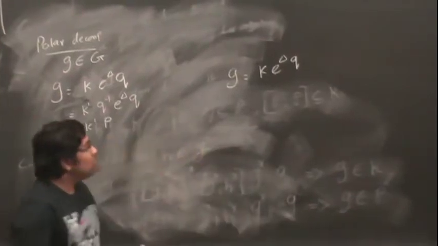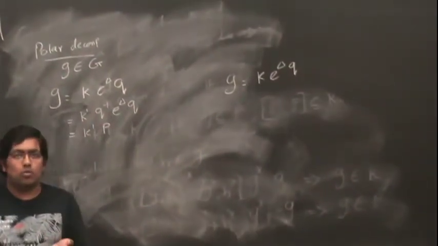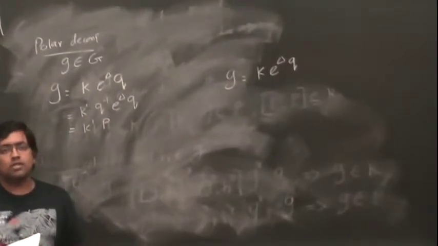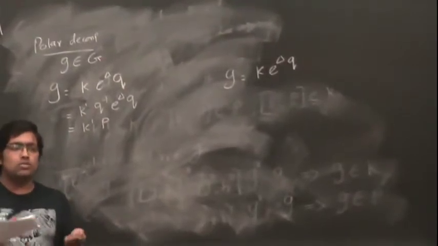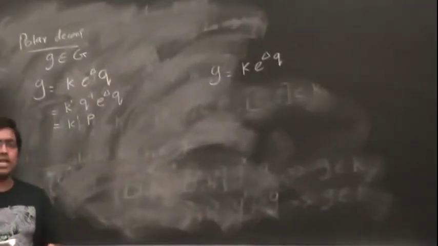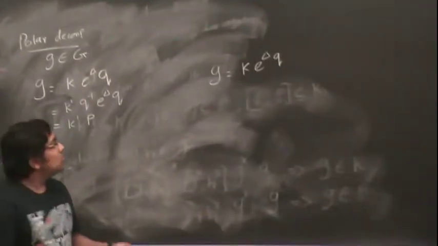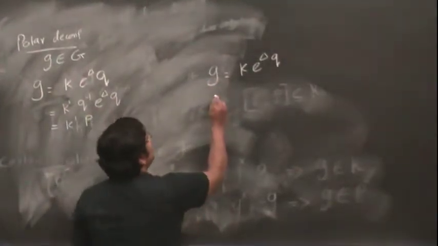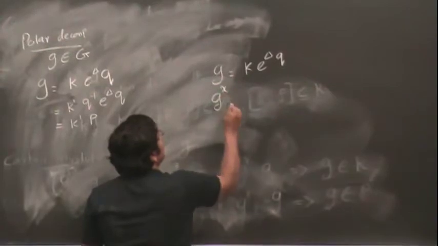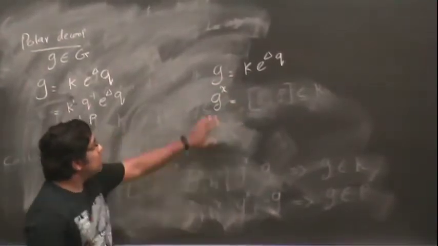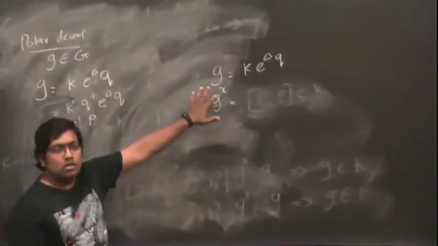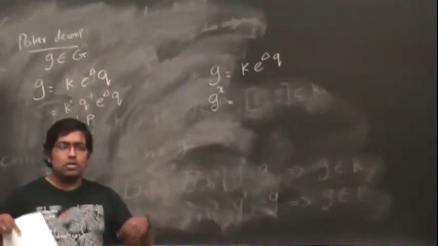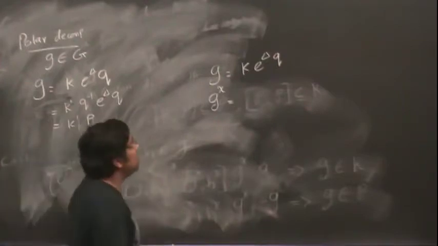Now remember how we found out what R was from the complex numbers? You had this transformation that takes you from z to mod z squared, or z times z star, right? So we will do something similar here. First we'll write down what this is. Chi is a Cartan involution. Remember that in the algebra we have plus and minus 1. So in the group, just keep that in mind.